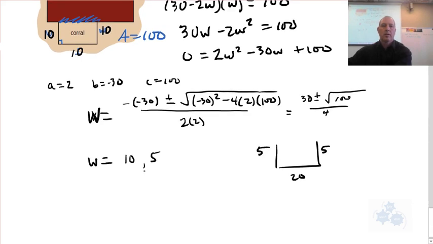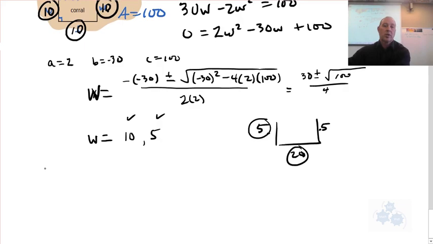Okay? So could these both be correct answers? Do they fit all the logic? Well, the area is 100 for this one, and the area technically is 100 for this one as well. What about the fencing? 10 plus 10 plus 10, and 5 plus 5 plus 20.